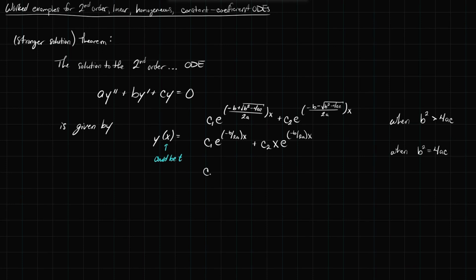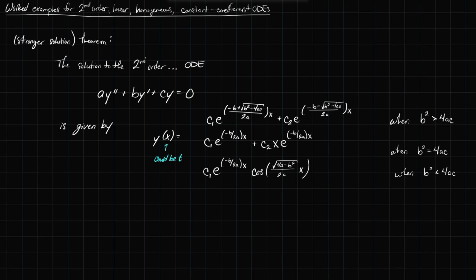And then the final case is going to be c1 e to the negative b over 2a x. So that's just like the term above. Then we're going to get a cosine of really the square root of b squared minus 4ac over 2a terms. But because this is going to be the case when b squared is less than 4ac, we're going to swap the order and we're going to write it as 4ac minus b squared all over 2a.